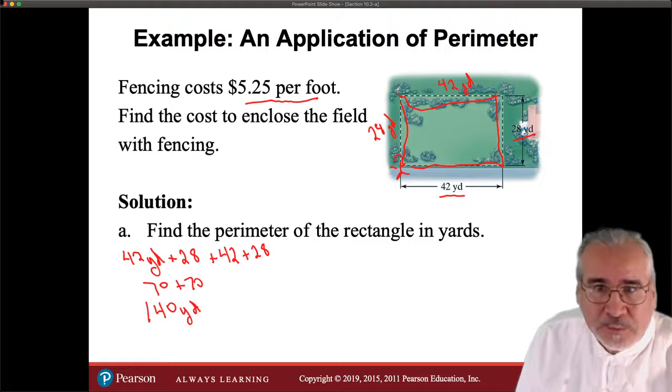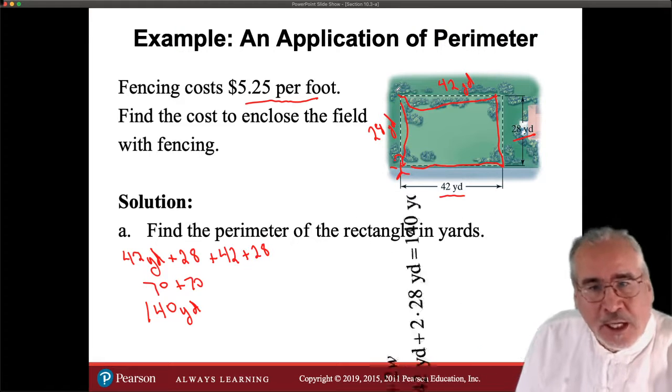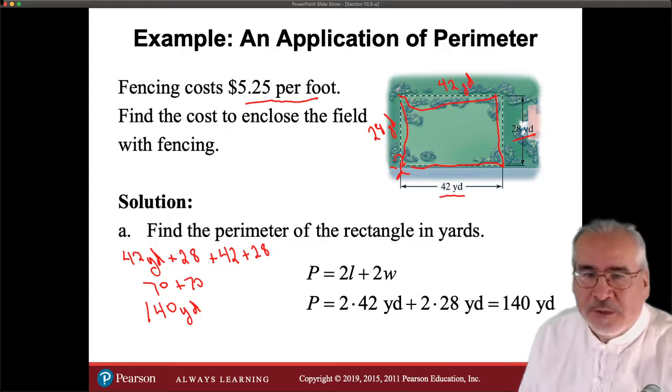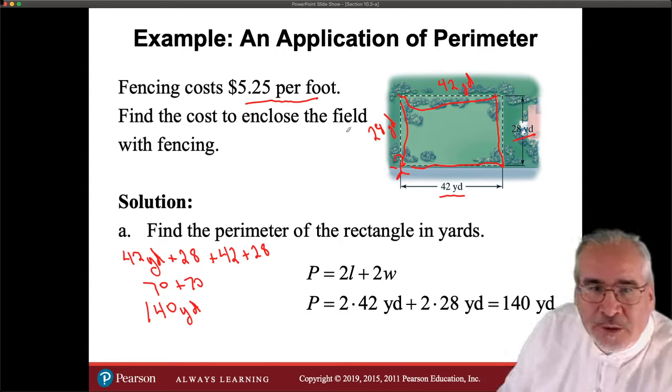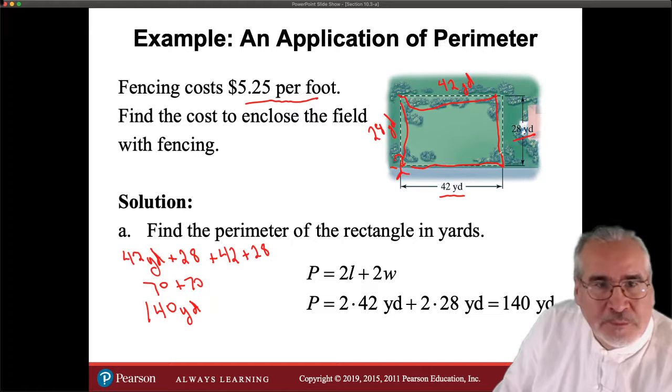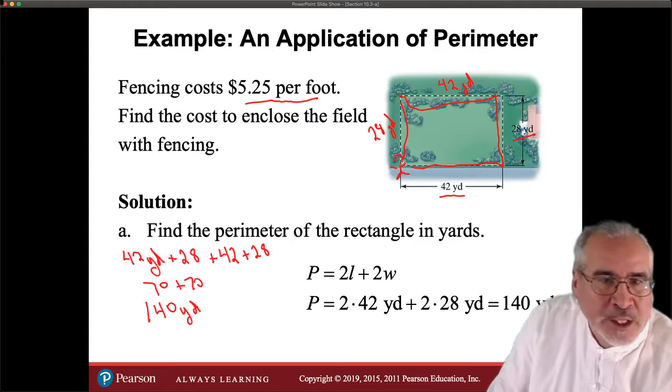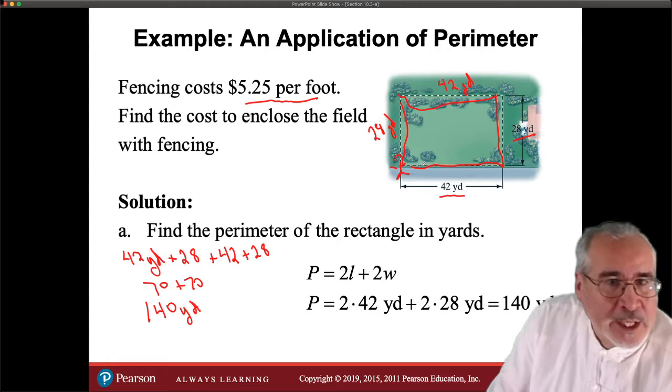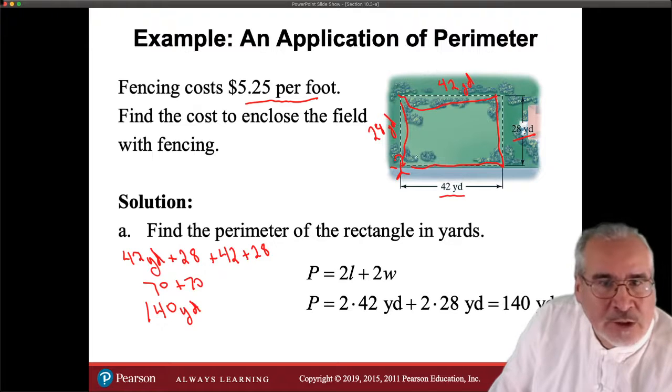And we can see here, another way we could have done that is the perimeter formula is 2 times the length plus 2 times the width. I don't particularly care to use these formulas because had this been some other shape, the formulas would be different. Instead of remembering all these formulas, it's easier, better to just go ahead and count as you walk around, count each side or add each side together.